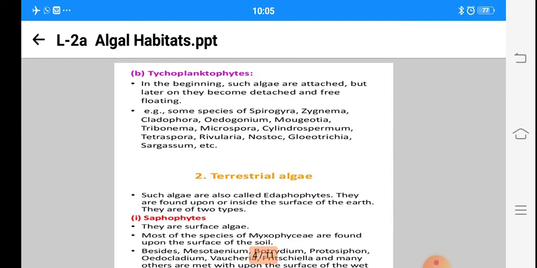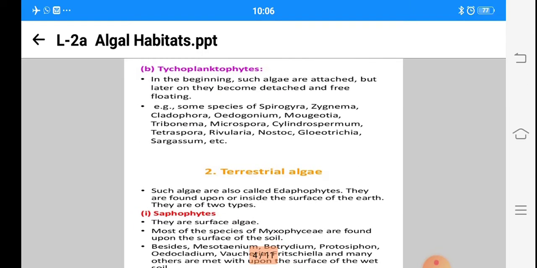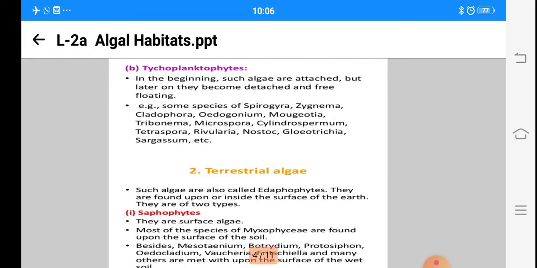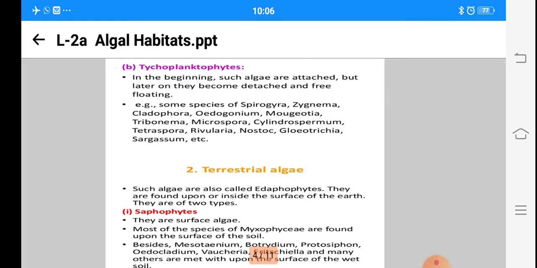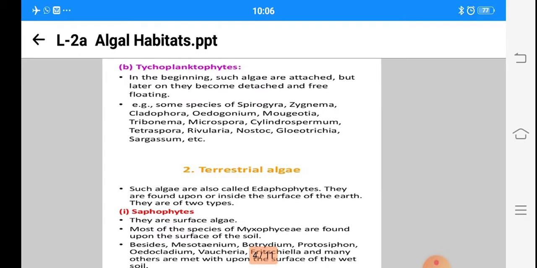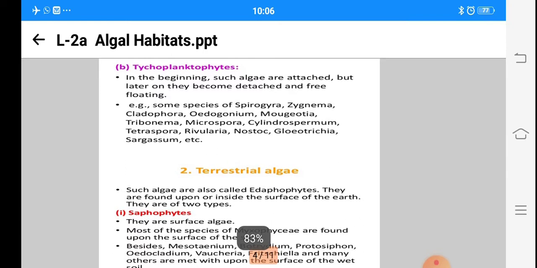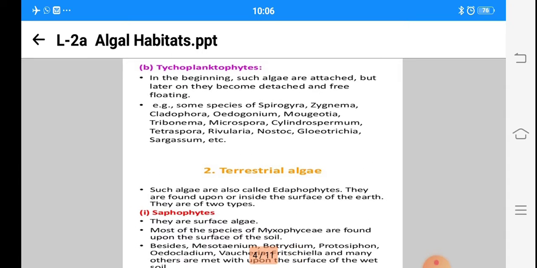In the beginning, these algae are attached, but later on they become detached and show a free floating condition. Good examples are Spirogyra, Zygnema, Cladophora, Oedogonium, Mougeotia, Tribonema, Microspora, Cylindrospermum, Tetraspora, Rivularia, Nostoc, Gloeotrichia, Sargassum. So you see some photographs particularly about this.